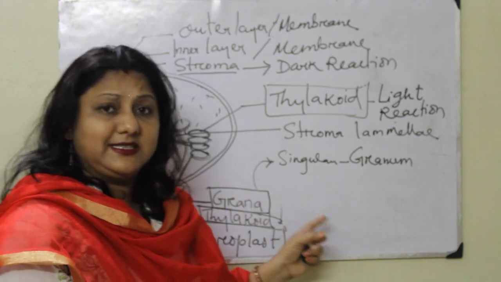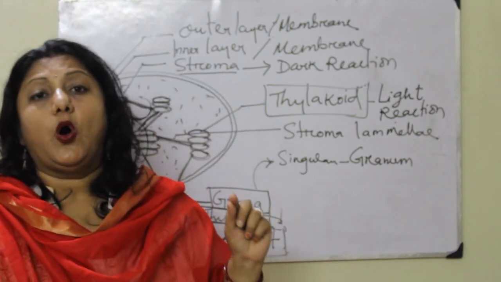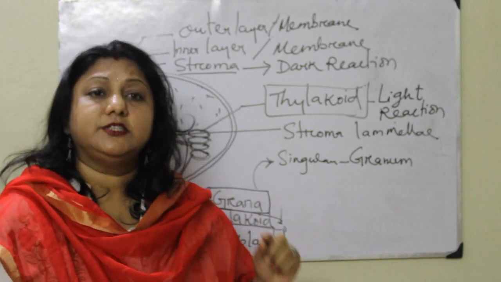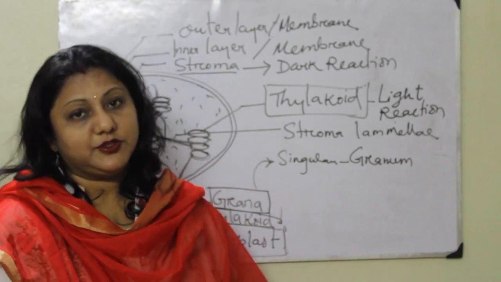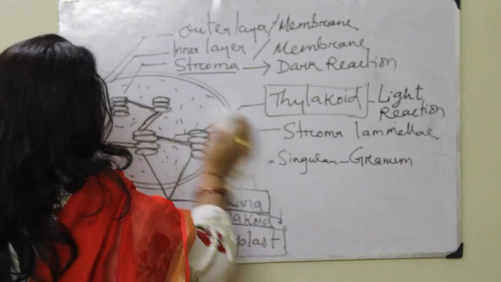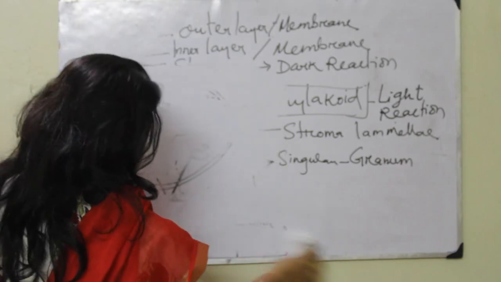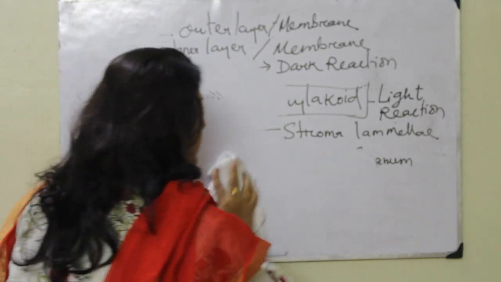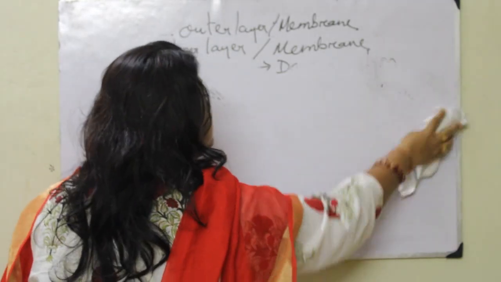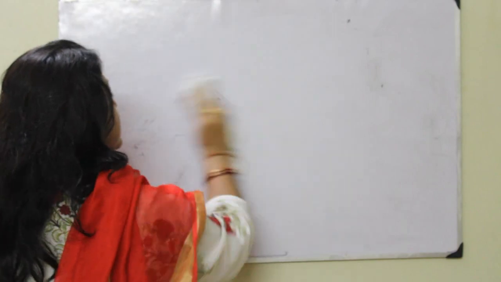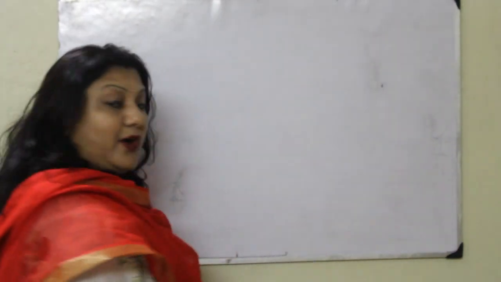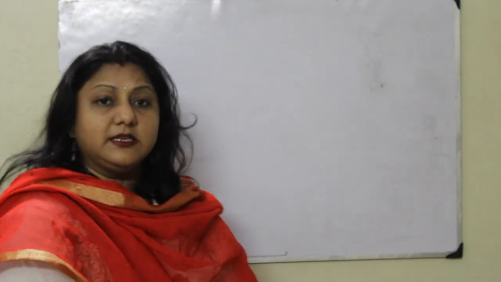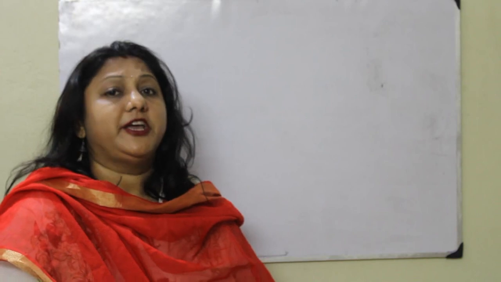Now let us understand the structure of stomata and the role of stomata in the photosynthetic process. Stomata is a tiny pore. Already we have discussed the tiny pore which is present mostly in the lower epidermis of the leaf, the epidermal cells of the leaf, and these pores are surrounded by a kidney bean shaped cell.